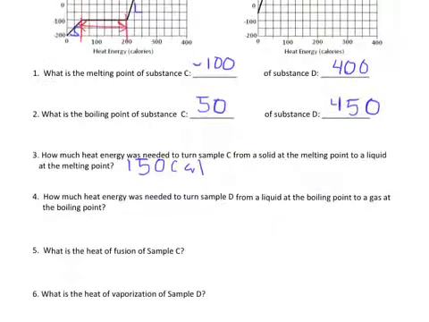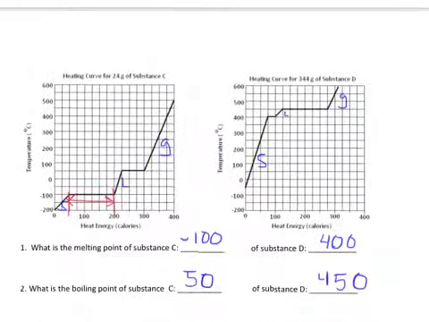And then number 4, how much heat energy was needed to turn sample D from a liquid at the boiling point to a gas at the boiling point? So we're doing the same thing except with the upper plateau. So we're going to come up here and we're saying how much energy did it take to get from here to here. In other words, how wide is this plateau? Here the liquid started boiling, here it finished boiling. How many calories of energy did it take to accomplish that task?